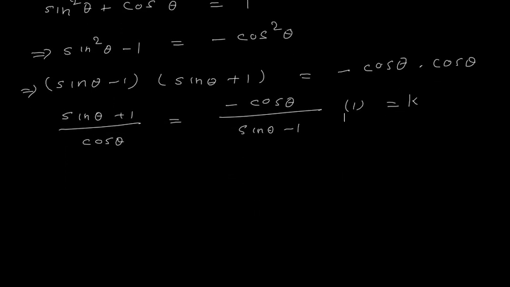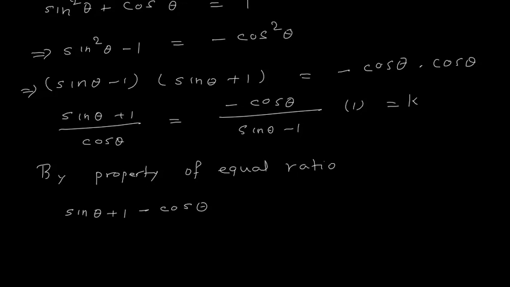Now again by the property or theorem of equal ratios, I can say that sin theta plus 1, now I will add this term which is minus cos theta, whole divided by cos theta plus sin theta minus 1, this is also equal to k.